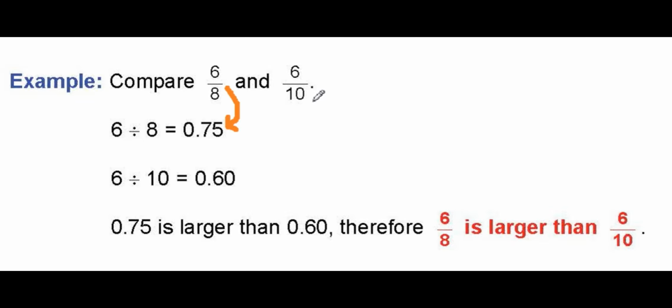The denominator is 10. So we will divide the numerator, which is 6, by the denominator, which is 10. 6 divided by 10 equals 0.60.